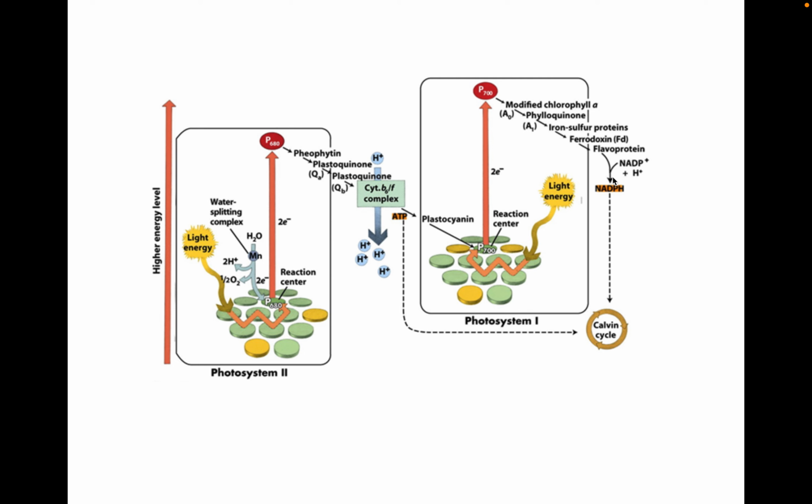And this one doesn't show the NADP reductase. I'm not seeing it on here, but NADP plus a proton and an electron will become NADPH. Now these protons that are going to be pumped across, we're going to build up that concentration gradient. It will flow through ATP synthase, generating that ATP. And both ATP and NADPH will be used in the light-independent reactions, aka Calvin cycle.